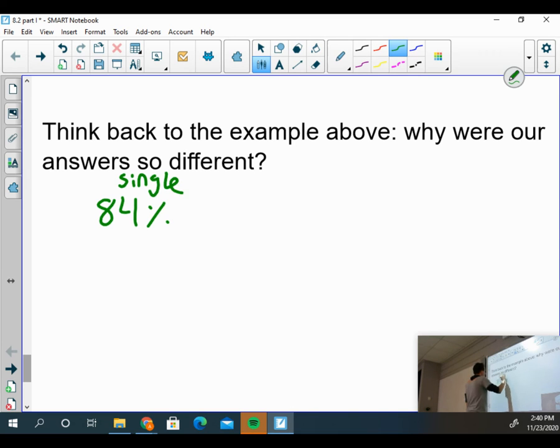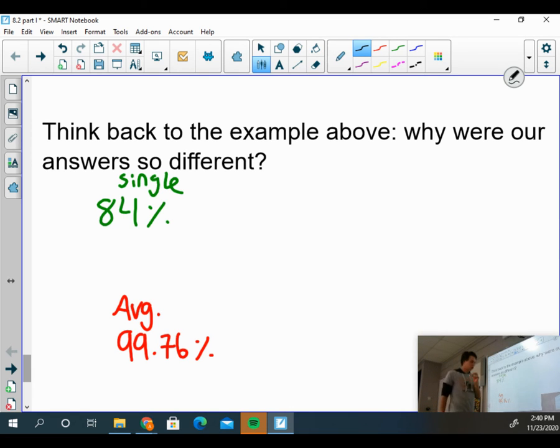But when I took the average of 5 trout, I ended up with over a 99% probability. Why are those different? Well, if you look back at the problem we solved, the left bound didn't change, the right bound didn't change, the mean didn't change. What changed? What changed was the standard deviation.